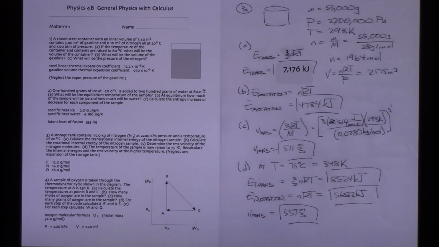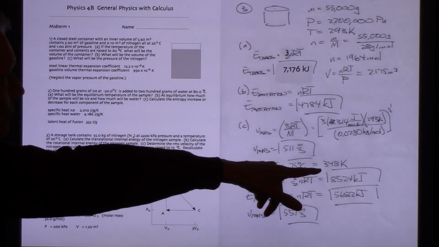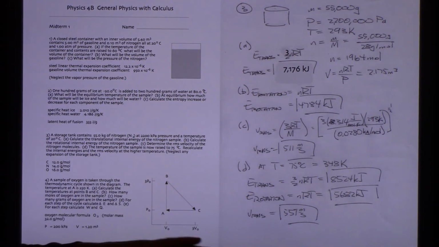But before you start thinking that's a factor of 4 increase, it's not. Because in temperature, if we want to think in terms of ratios, we really have to think in terms of kelvins. And so the Kelvin temperature went from 293 to 348, and that was a much more modest increase.